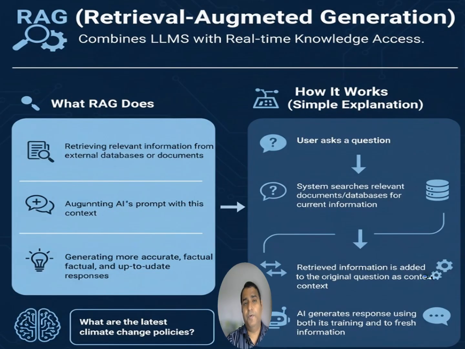So what does RAG do? It retrieves relevant information from external sources like documents, databases, or websites based on the user's query, and augments the overall generation process by feeding the retrieved data into a generative model like GPT to produce more informed and context-aware responses.